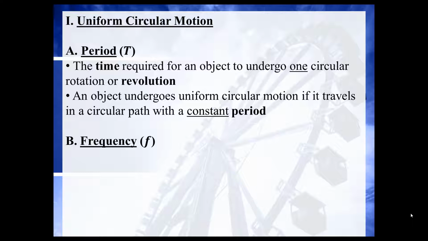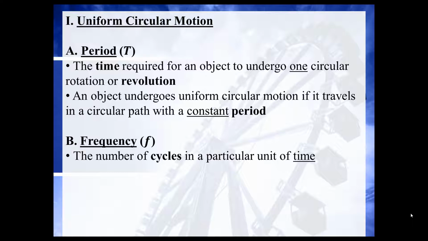There's another physical quantity that relates to period. That's called frequency, and we'll use the variable lowercase f to represent this. Frequency is the number of cycles that occur in a particular unit of time. We are most familiar with frequency in Physics 20 when we think back to one of the labs we did using the spark timer.